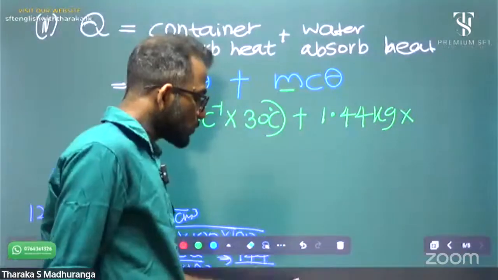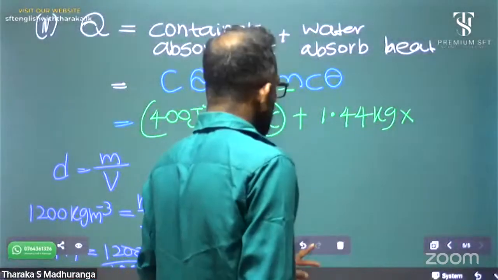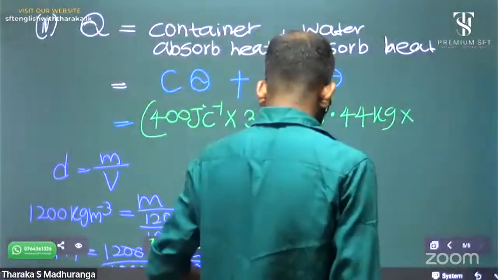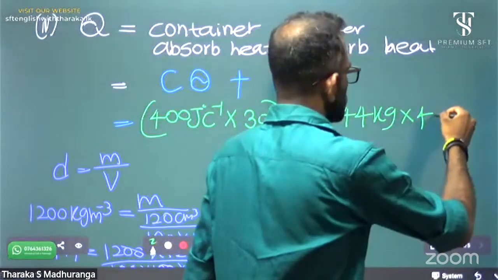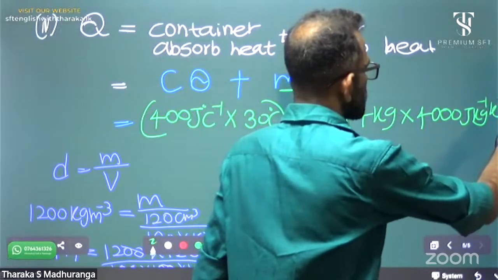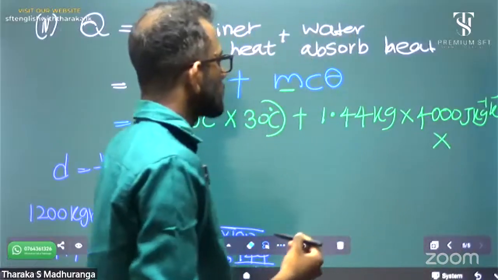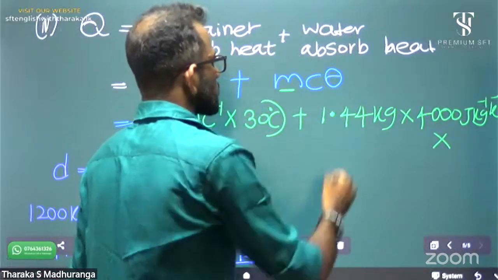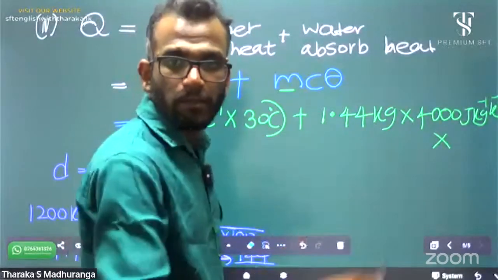Specific heat capacity is given as 4000. Sorry, 4000 J kg^-1 K^-1, into the temperature difference, same.